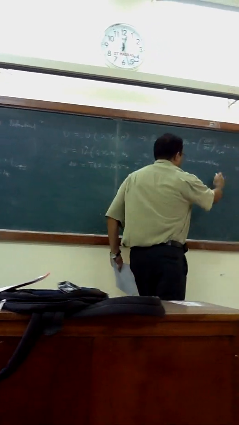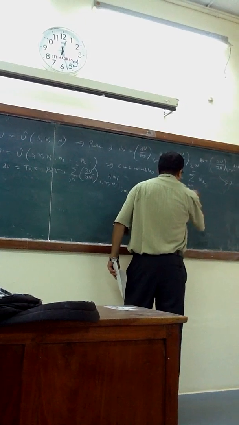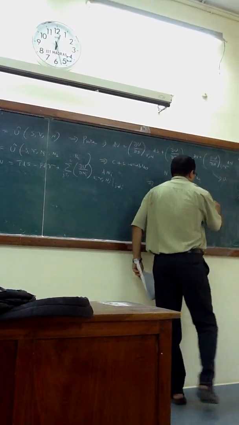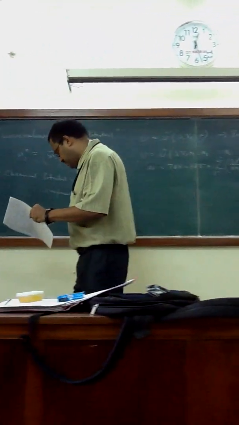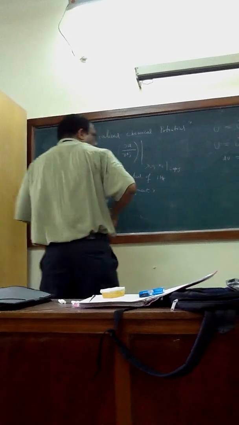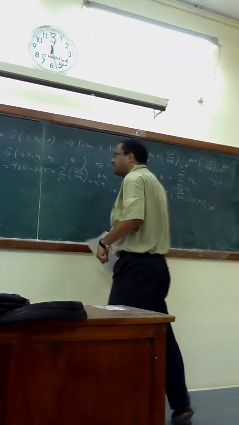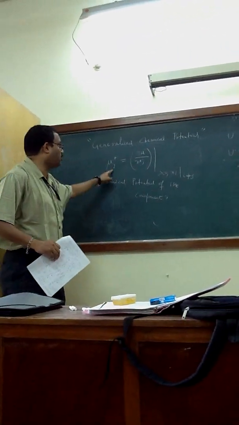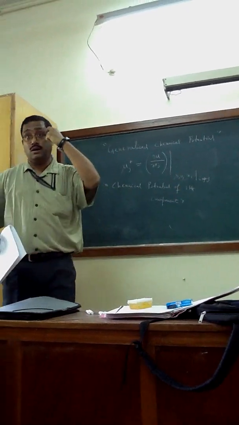So analogically, we can have a definition, which is del U by del Ni at S, V, Nj, j not equal to i. So now the situation is there are two terms, mu j star and mu i. You can write mu i star, no problem, del U by del Xi at S, V, Nj, j not equal to i. Are they same?